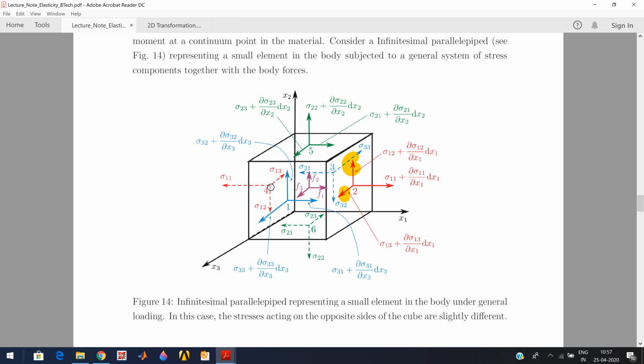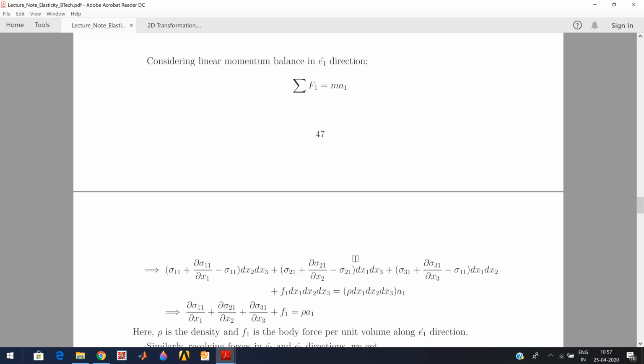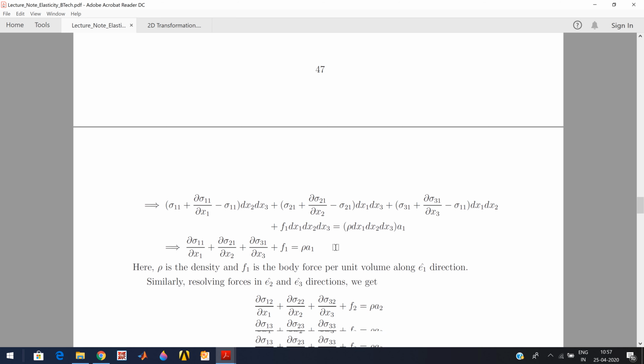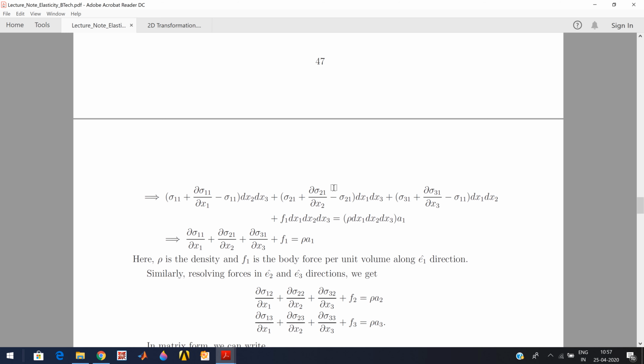So if you just consider the force balance along these three directions, we'll get this equation. Sum of F1 is equal to m a1, and then you consider the forces coming from the stress components.